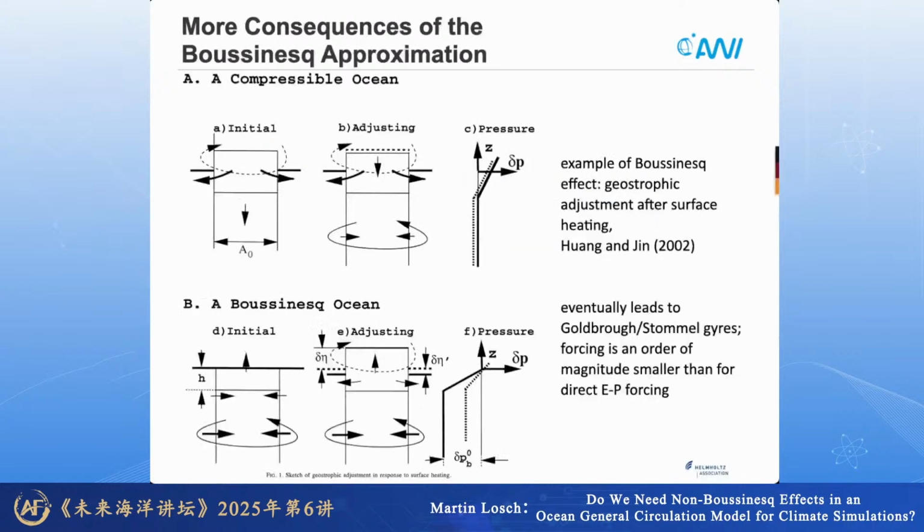More locally, and this is now an image that I took from Wang and Jin, from a 2002 paper, it's more complicated. Think of the real ocean, schematically depicted in the top row figures, and imagine this ocean warms locally.